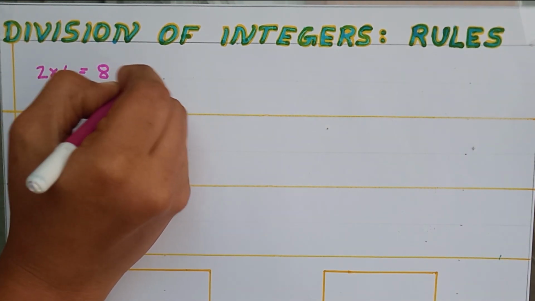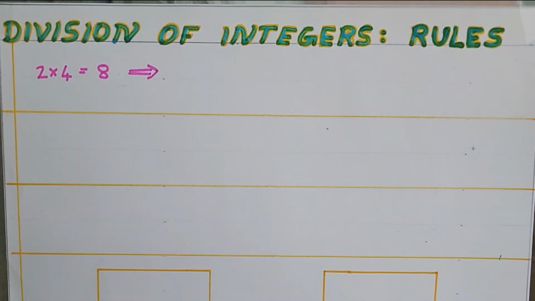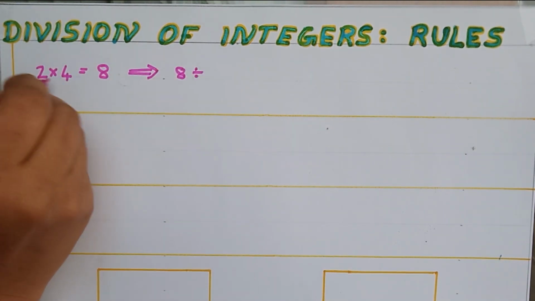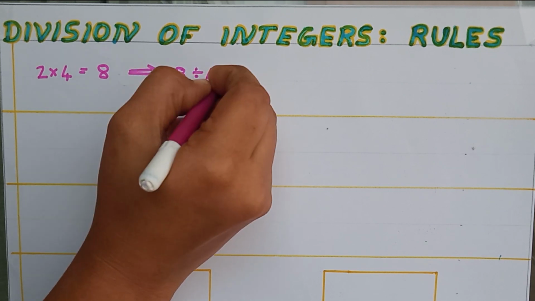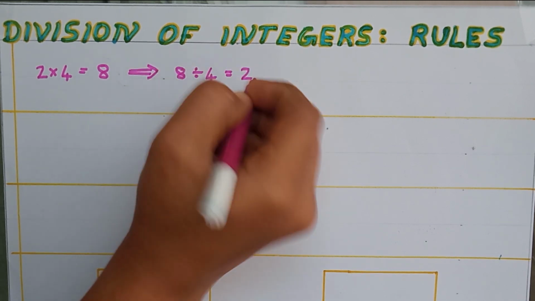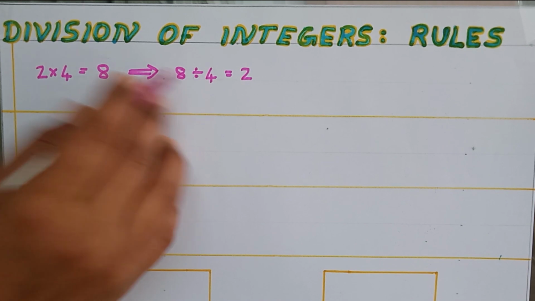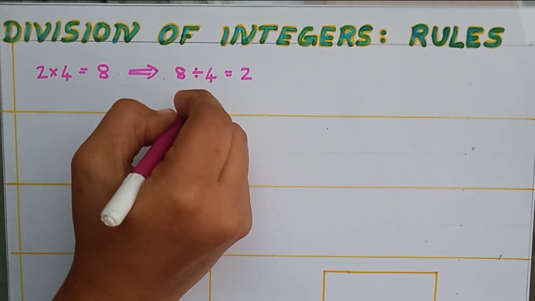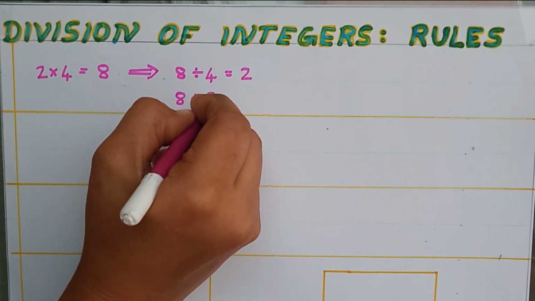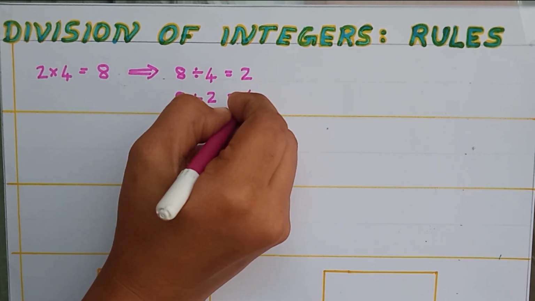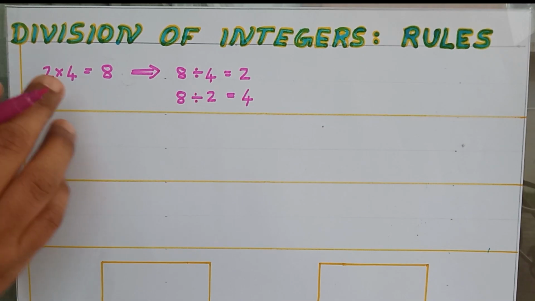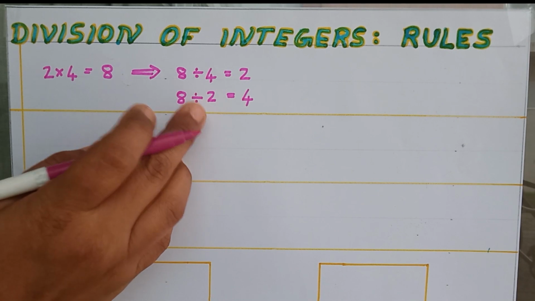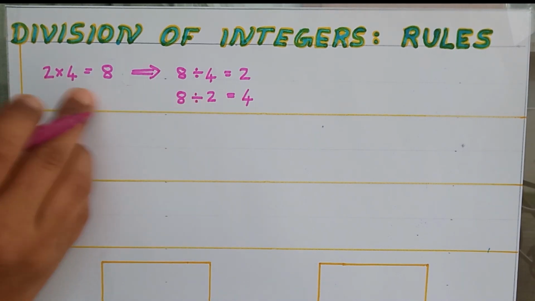See, this can be written like this: 8 divided by 4 equal to 2. This is one way of writing, and again we can write 8 divided by 2 equal to 4. That's why we are saying that division means it's the reverse process of multiplication.